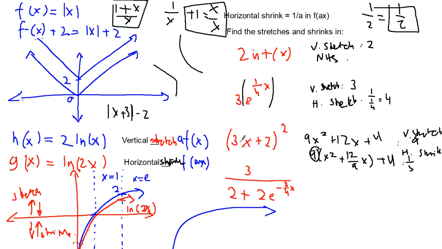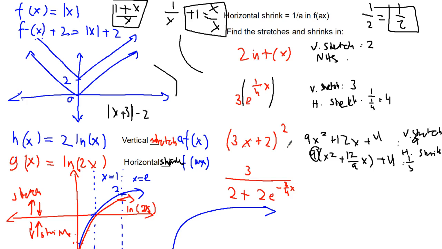So the 3 is a horizontal transformation. You'll put the 3 into the a, and then you'll get 1/3. Right? Horizontal shrink of 1/3. However, you could modify this equation so that it could be a vertical stretch of 9. So in this case, a vertical stretch of 9 is equal to a horizontal shrink of 1/3. This is different.